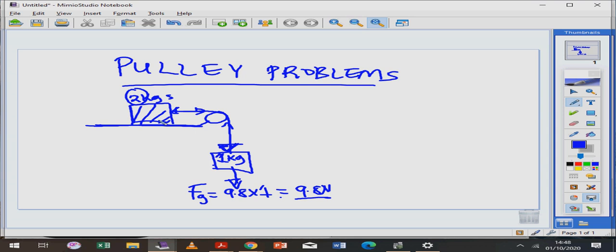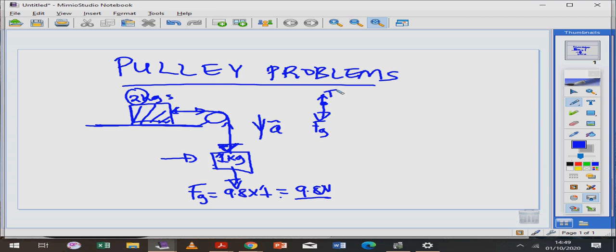Now, thinking of the acceleration of the system, we see that the system will be moving downwards. So what is the acceleration of the system? Let's see. We can consider this mass only. If I look at the free body diagram of that mass, it has the force of gravity acting downwards, and the force of tension acting upwards.